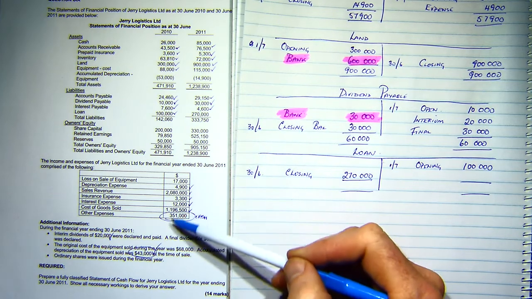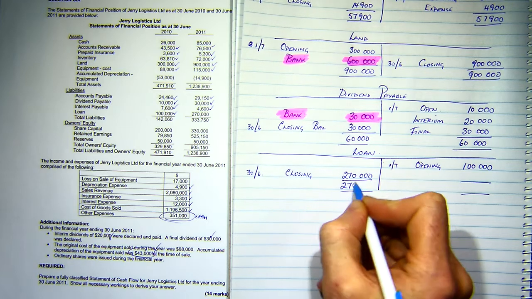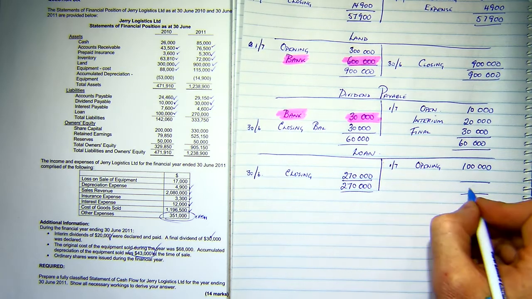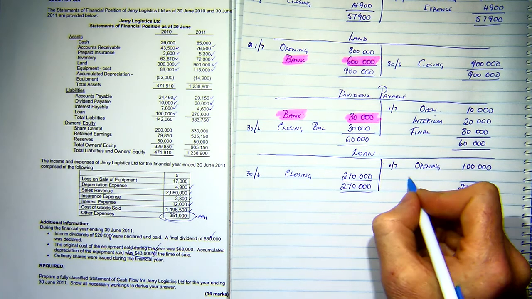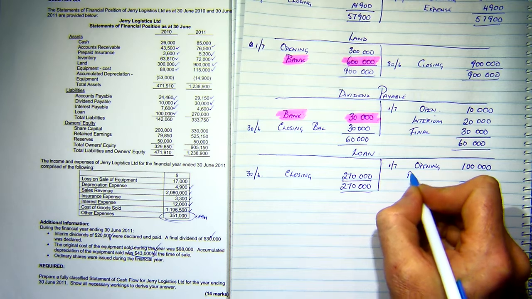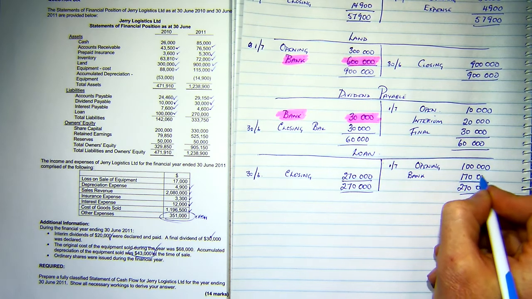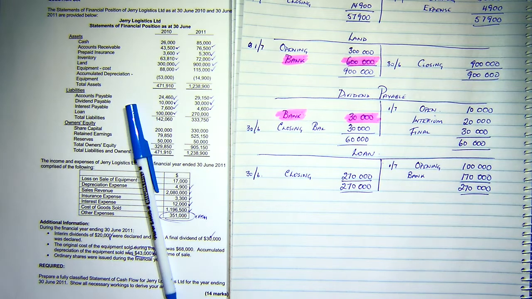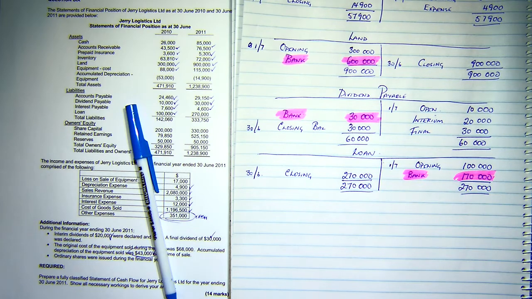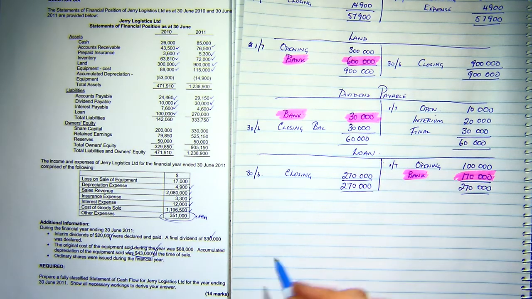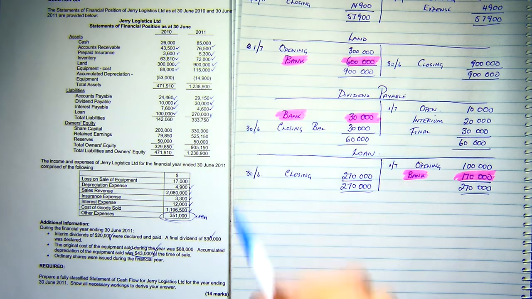And there's no other information about loans. Nope. So my balance is 270. So therefore my proceeds, or bank, is 170,000. And that will now go into my cash flow statement under loan proceeds. And I can tick off my loan. There it is.